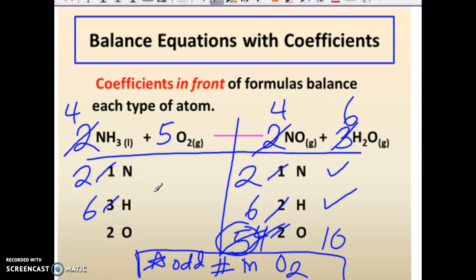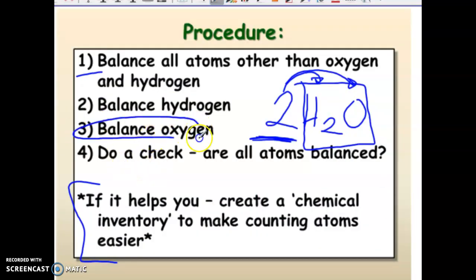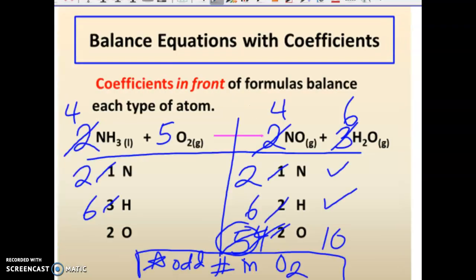So what you would do in that case is you would double up all of your coefficients and then adjust your oxygen number. So this is why, remember that one of the rules was we leave oxygen for last. And that's actually the main reason why, is because oxygen sometimes is going to be a weird one where you'll have to do some adjusting to get them to be whole numbers.